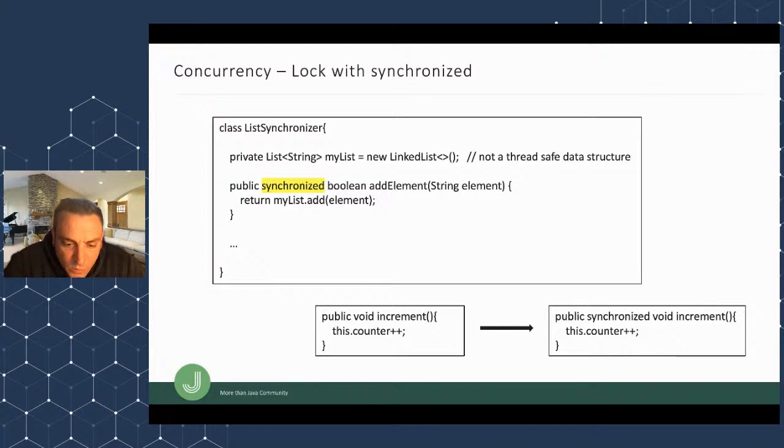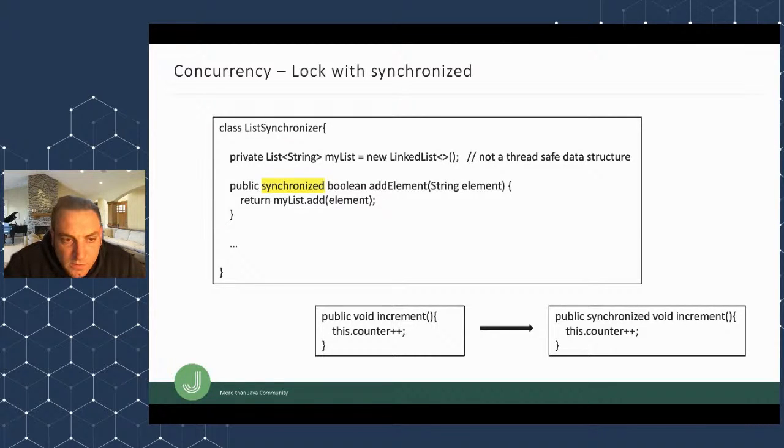When a thread takes the lock, it holds the token, and no other thread is able to take it. If a thread tries to take the lock and the lock is already taken, the thread is going to block.